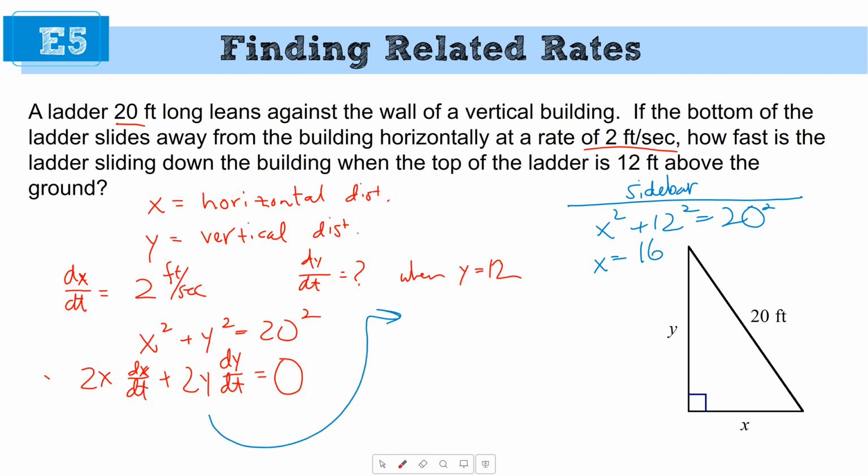Are you okay with that? Divide everything by 2. Goes away. Fine. x is 16. dx/dt is 2. Plus y is 12. And dy/dt is what we're looking for, and that equals 0.